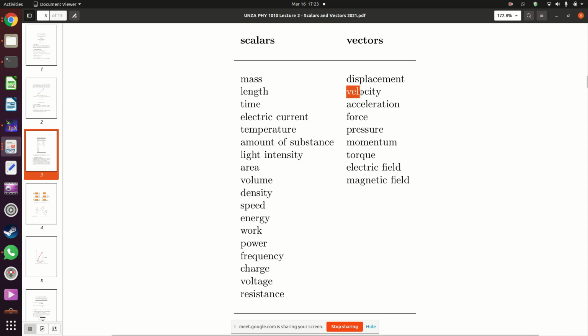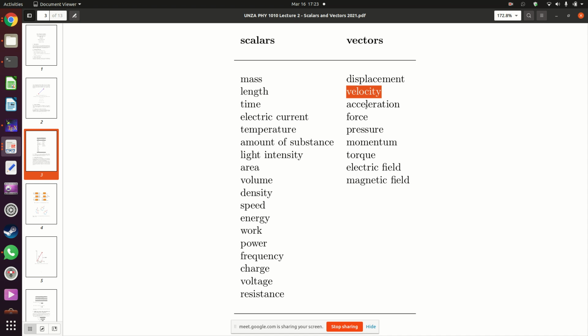Velocity is speed in a specific direction. Then there is acceleration. Acceleration is how fast the velocity is changing, and so the velocity is changing in a specific direction.